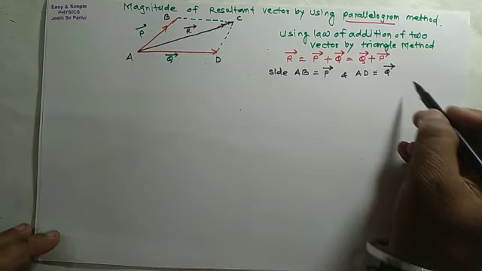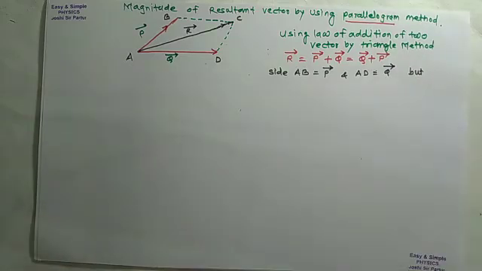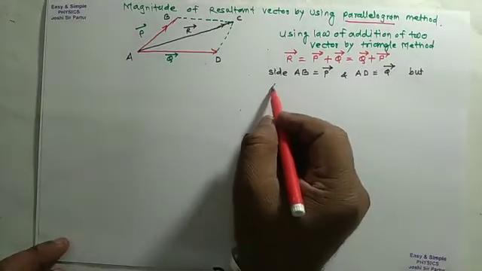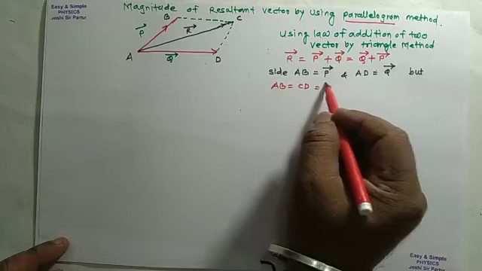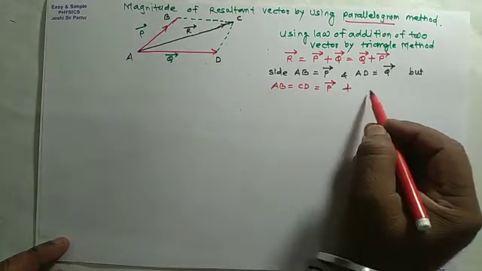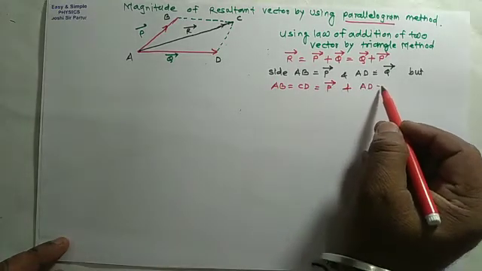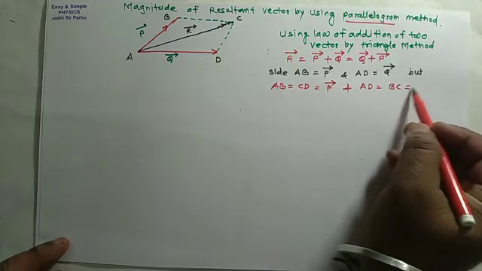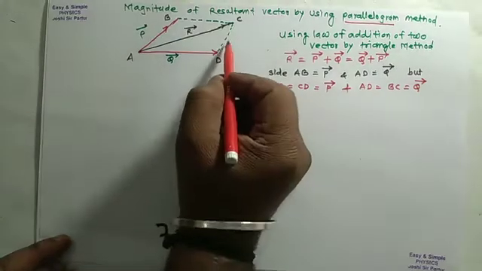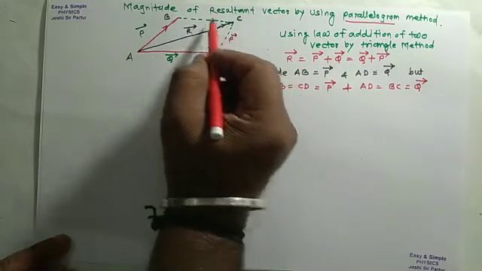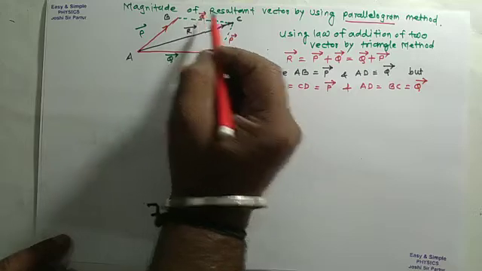But here we have seen in the parallelogram that side AB is equal to side CD, which is vector P, and side AD is equal to side BC, which is vector Q. Here vector P is there and here vector Q is there.